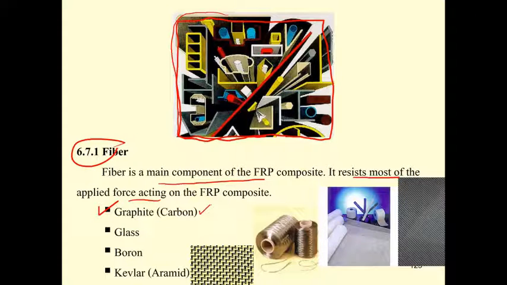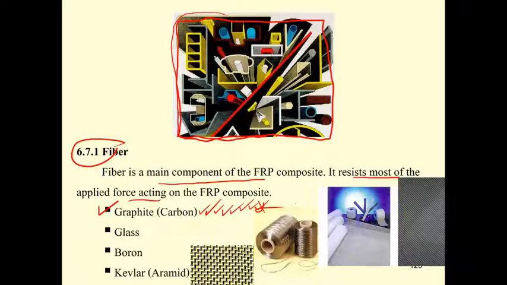This is used mostly in expensive structures, such as airplanes, such as wind turbines. We have to use this. It has high strength, high stiffness. It's good in every way, but it's expensive.